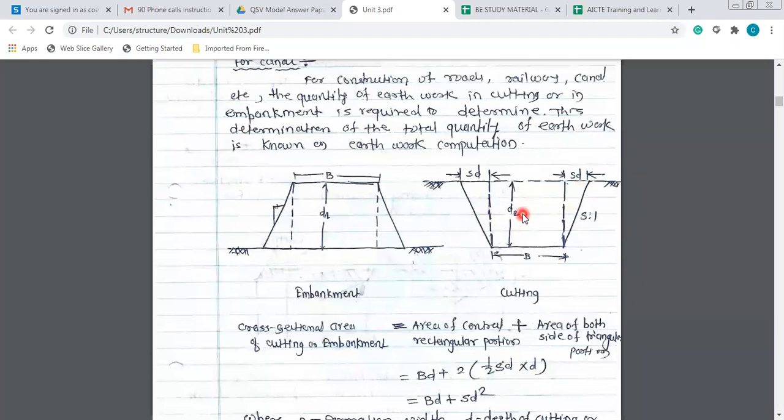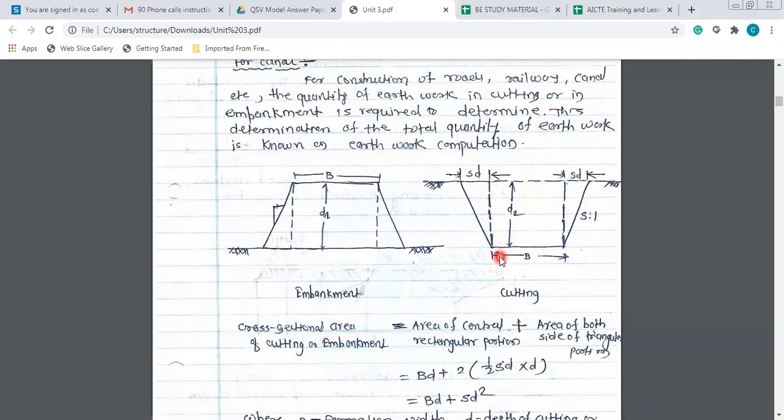So you can divide the trapezoidal section into three parts: the left hand side triangular portion, the rectangular portion, and the right hand side triangular portion.